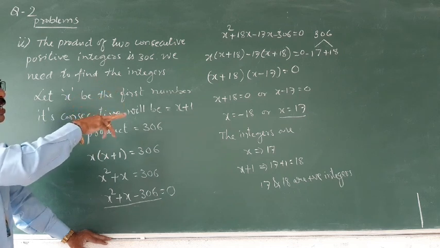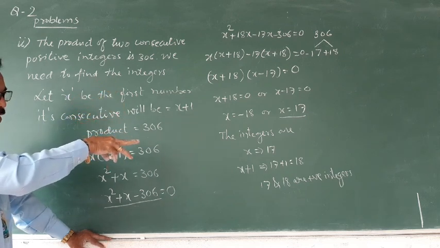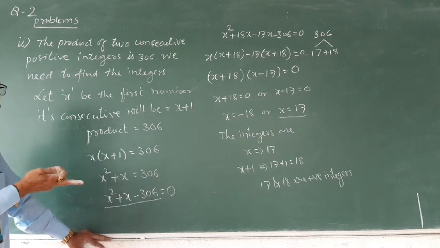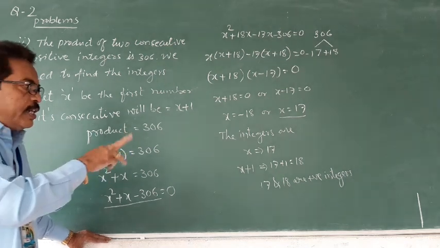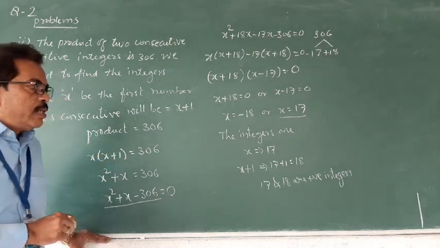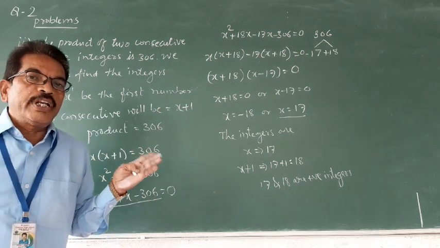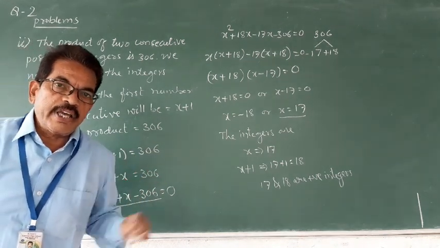After factorizing, we got the first positive integer as 17. The next consecutive, 17 and 18 are the consecutive numbers, that is x plus 1, 17 plus 1. So 17 and 18 are the two required positive integers. Okay, see once again.